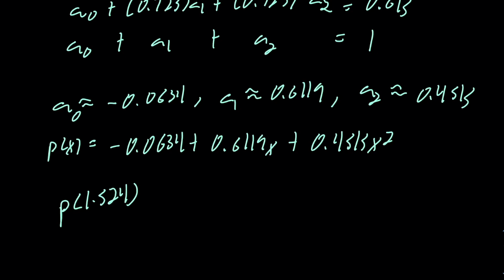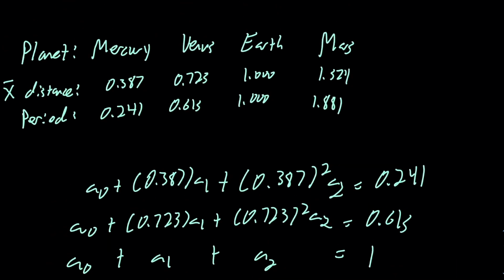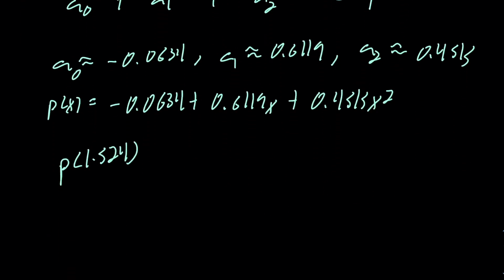Well, recall earlier that I asked you guys to calculate the period of Mars after deducing the polynomial. So, we had the polynomial. We can then use the average distance from Mars, which is given in the table as 1.524, plug it into the polynomial, and we should get the period.